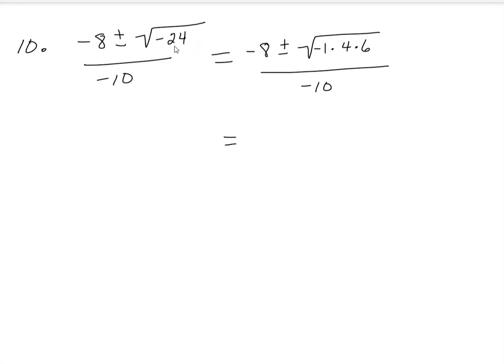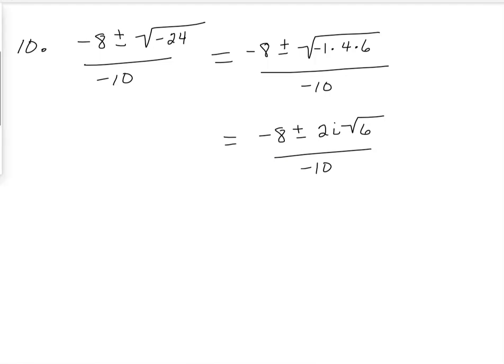Now, you cannot just break 24 up into 8 and 3 or 2 and 12. You need to break it up into a perfect square times another number. And this is going to give me 2i times the square root of 6 when I simplify that. And I can divide all three of these numbers here.